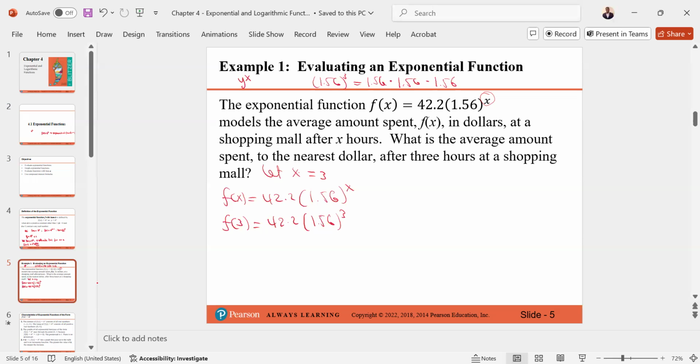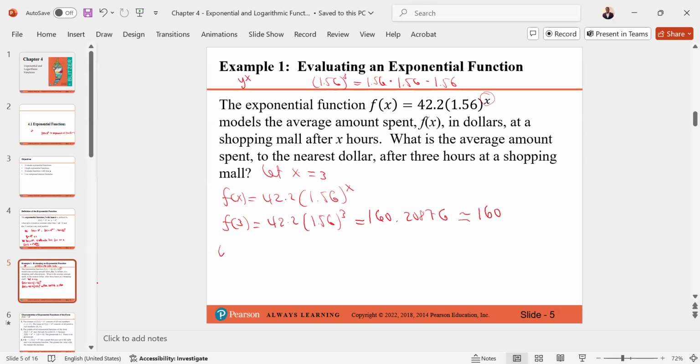Doing it from my calculator and multiplying with 42.2, the answer is 160.2876. We can round down to 160.